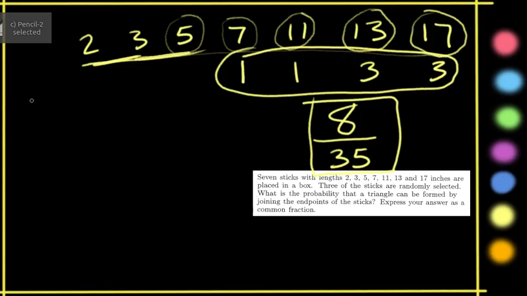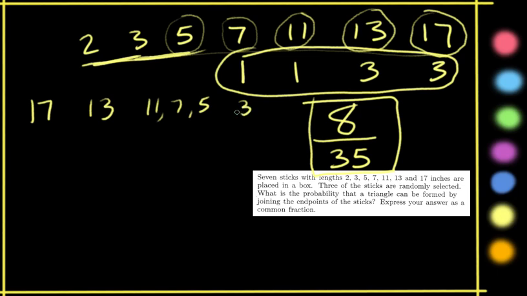So let's consider the case of 17 again. You have 17 and 13. You can use 11 or 7 or 5. So this can be 11 or 7 or 5. So that's 3 possibilities there.